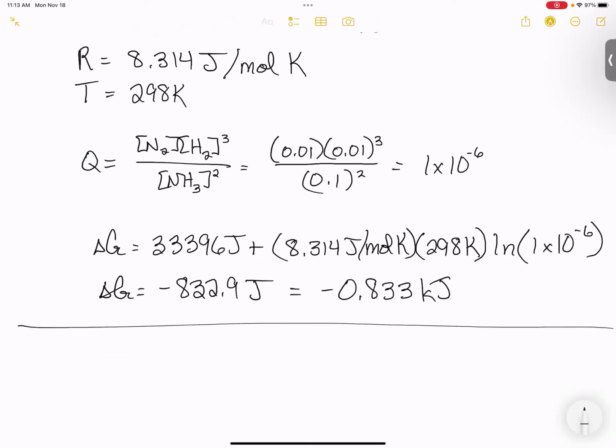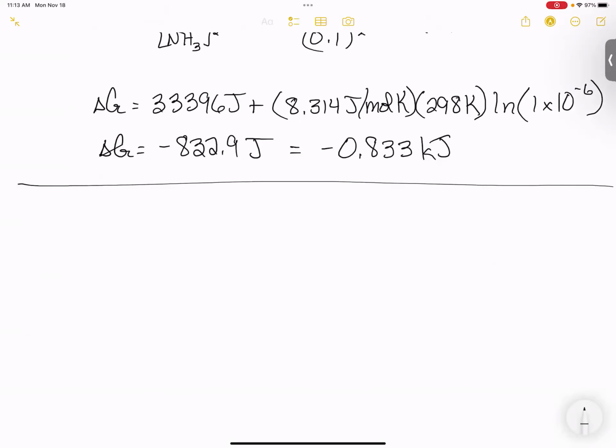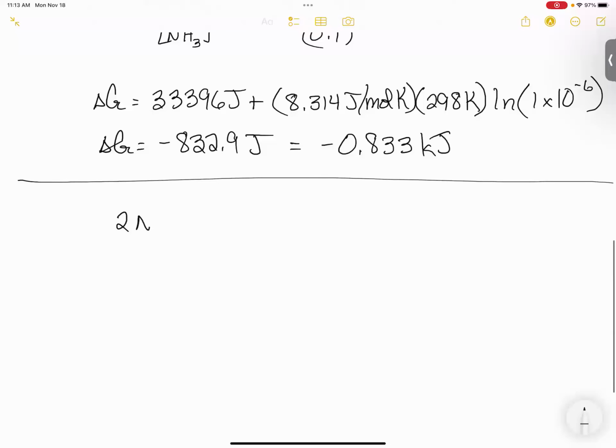Okay. 2 N2O gas plus 3 O2 gas goes to make 4 NO2 gas.